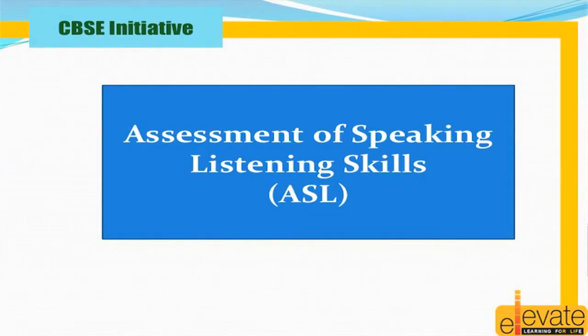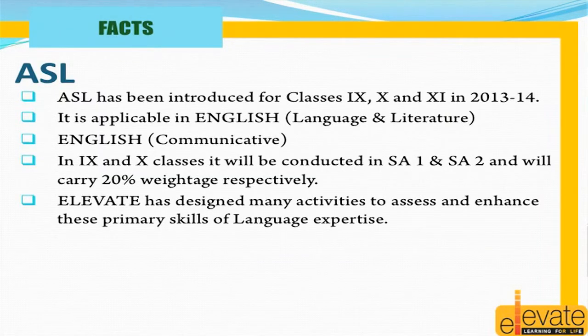Now we are going to talk about ASL, assessment of speaking listening skills. This is very important. Before going to the nitty-gritties, we can talk about that language is having say 4 primary skills, that is listening, speaking, reading and writing.